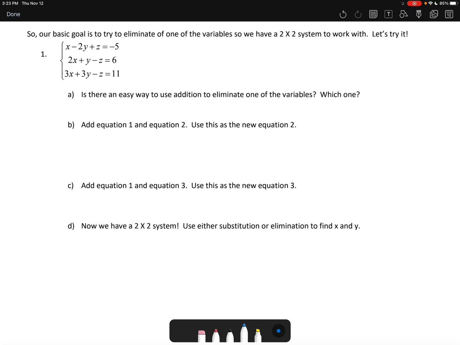And when I see this set of 3 linear equations here, the first thing I always do is take a look at the x's and the y's and the z's, and I try to pick out which one of those would be the easiest one to eliminate. None of these look like they would be terribly difficult, but to me, I think that the z's are the hands down easiest ones to do.